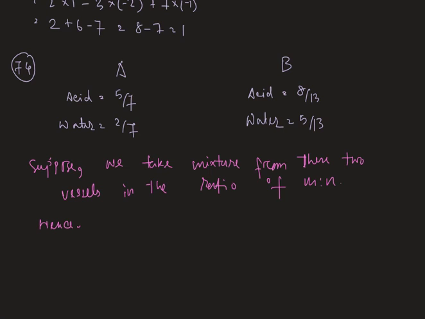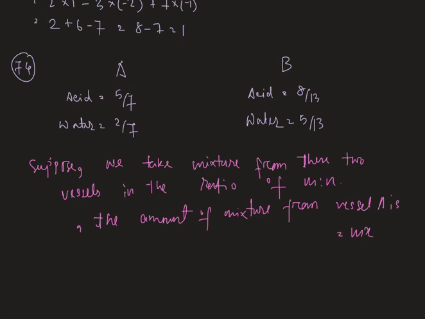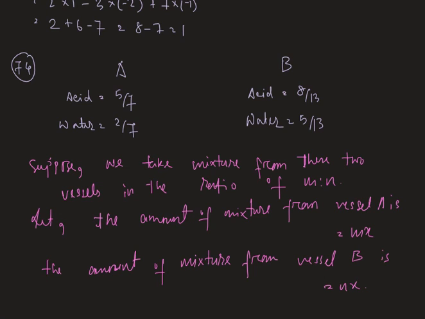Hence the amount of mixture from vessel A is mx, suppose, and the amount of mixture from vessel B is nx.